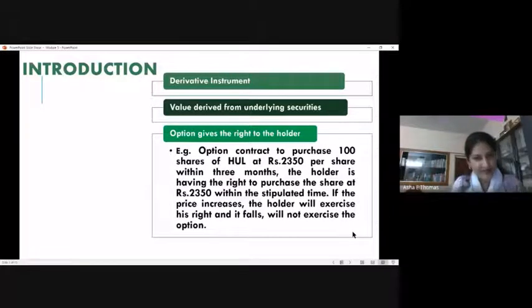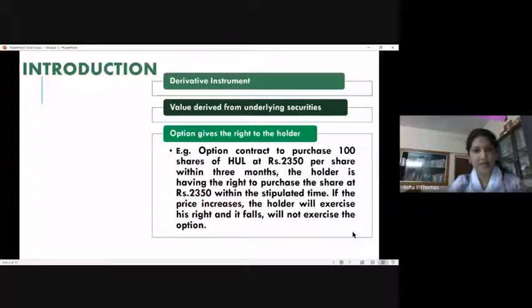So if the price decreases, the person who has bought the right from him, we will name him Mr. A, will not exercise it. The person who sold the right has the benefit of premium money, as well as he can sell the asset.